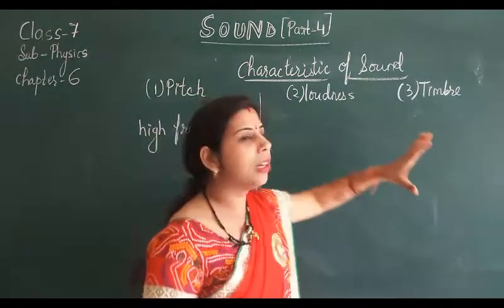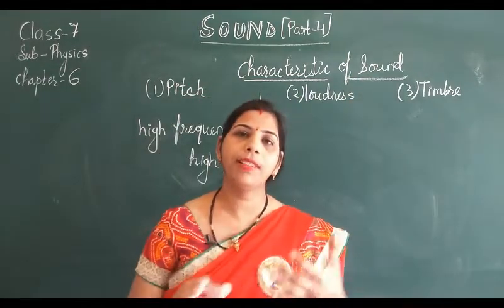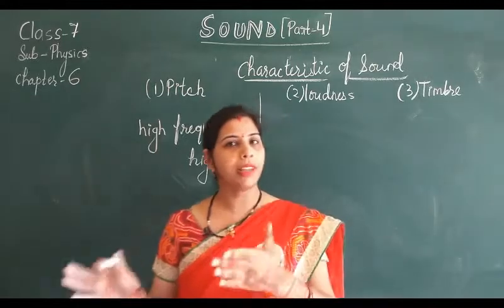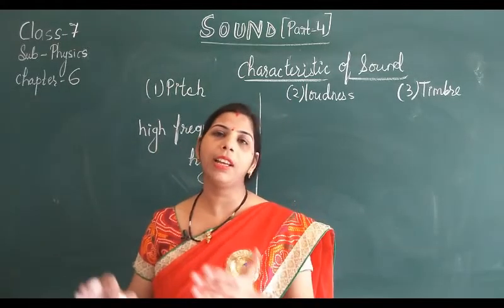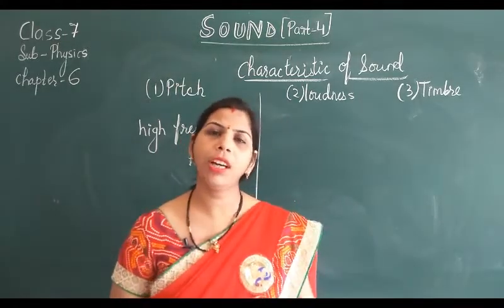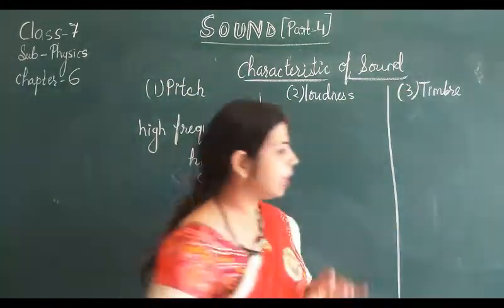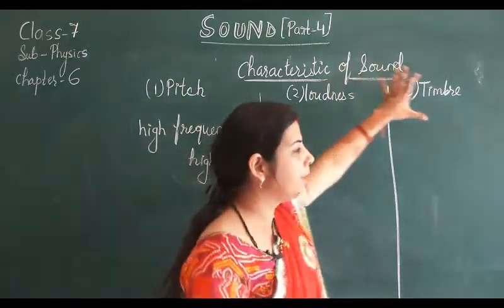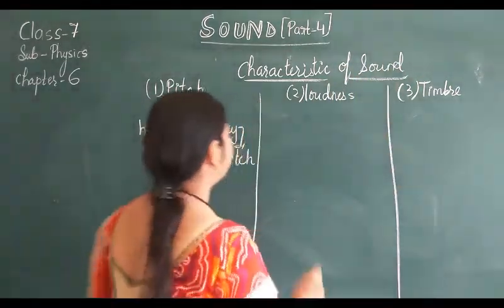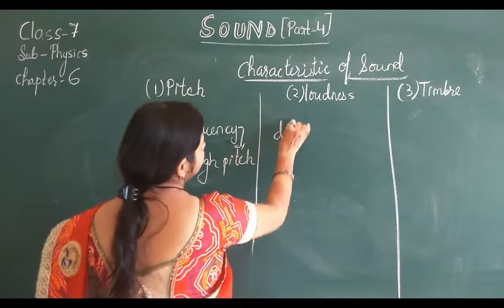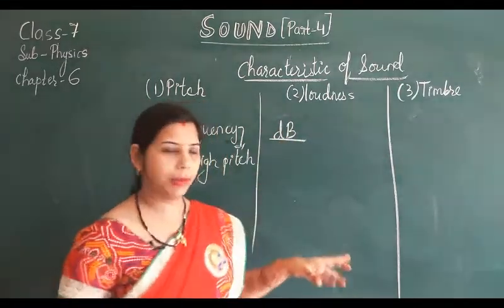So it is not necessary that a sound pleasant to you is also pleasant to someone else. Maybe it is a loud sound for others, but normal for you. So what is loudness? It depends on the intensity of the vibrating source, and its unit is the decibel.